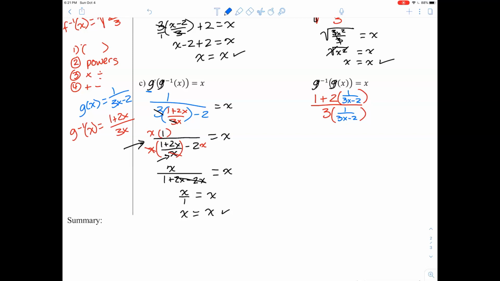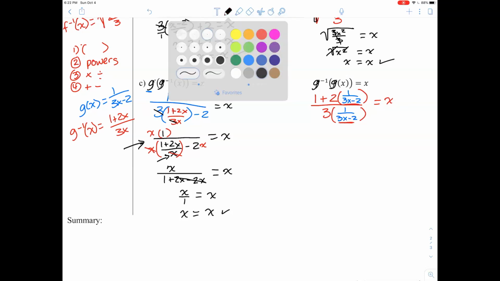And this is supposed to equal x. Okay, so let's go about simplifying that. So I think the best thing we could do, again, because we have this denominator here and here, they're both 3x minus 2, is multiply everything by that.